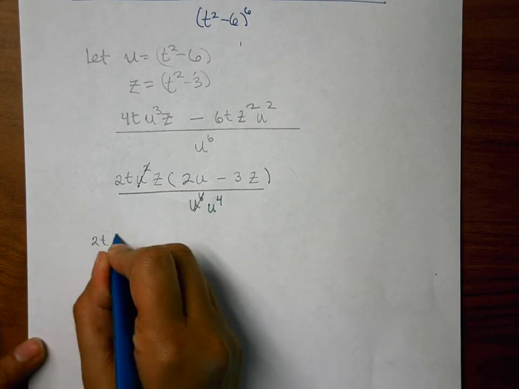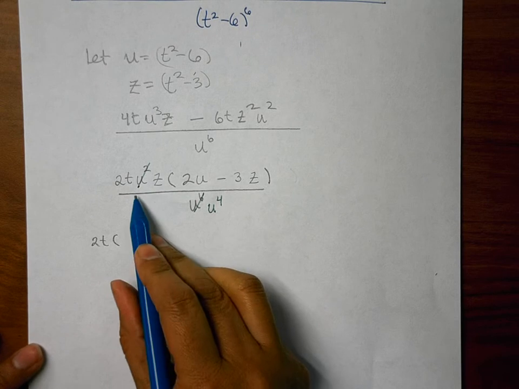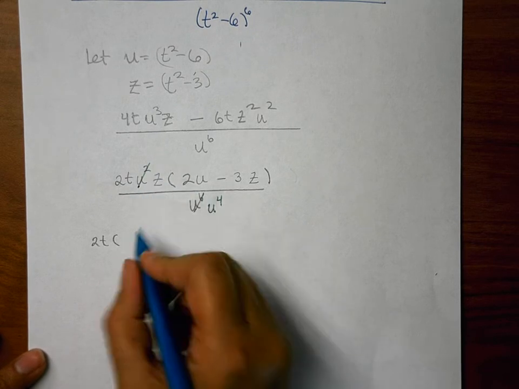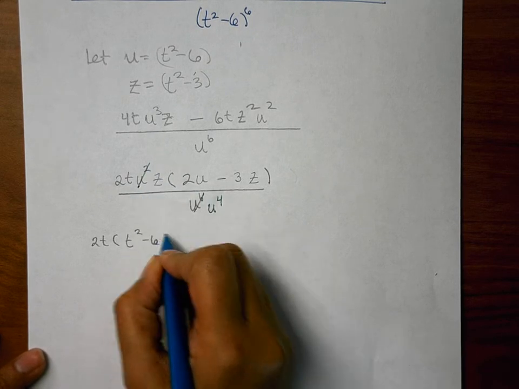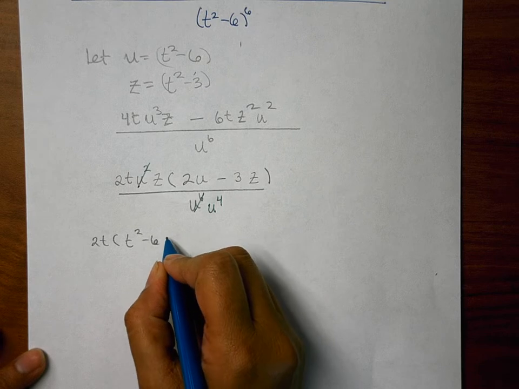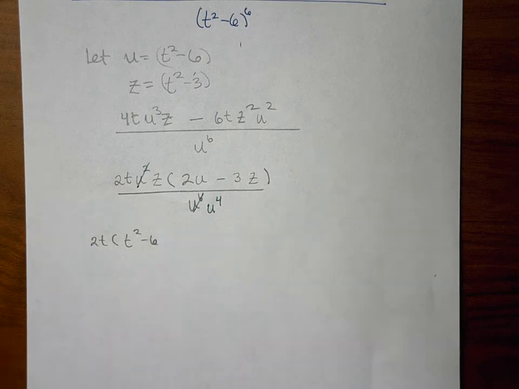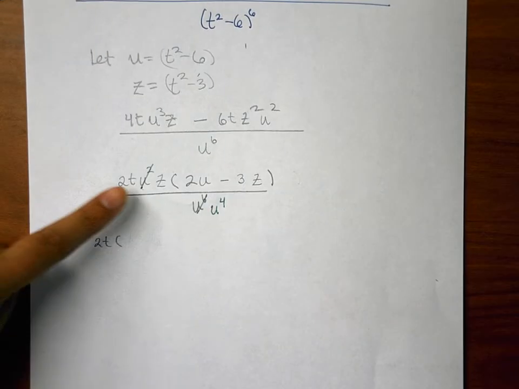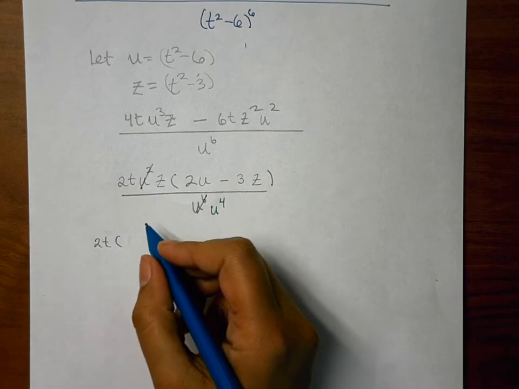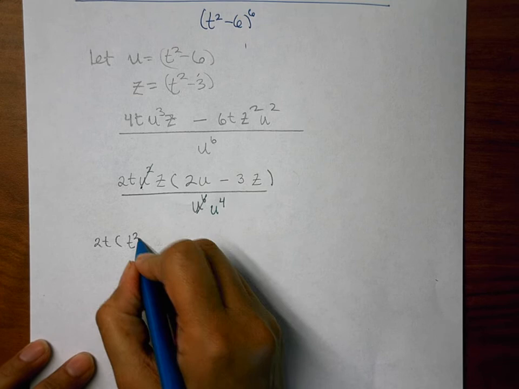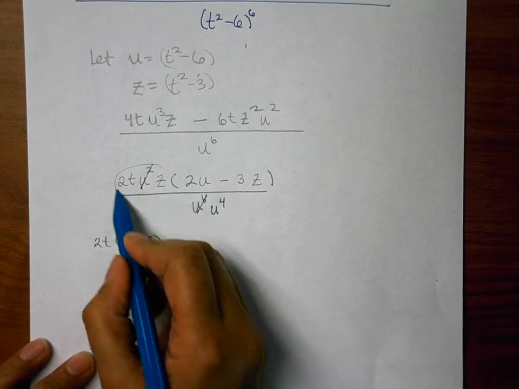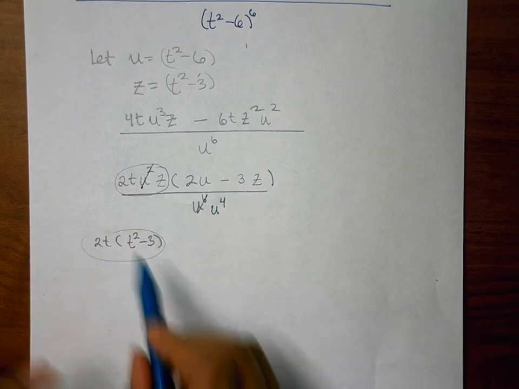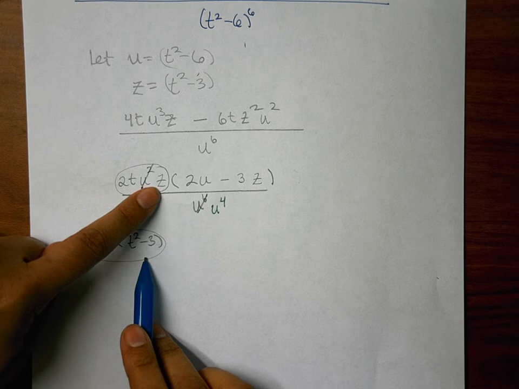2t, parentheses, what's going here for where the u used to be? T squared minus 6, and I'm going to start that piece over. I apologize. 2t staying, u is gone, so the z is t squared minus 3. Okay, so this here is this here. 2t and then t squared minus 3.